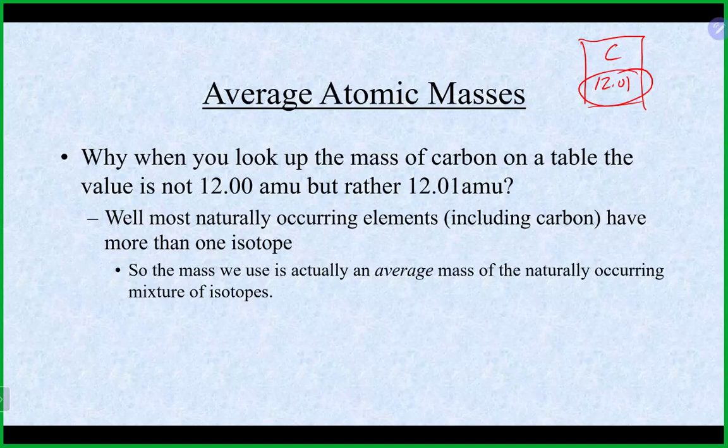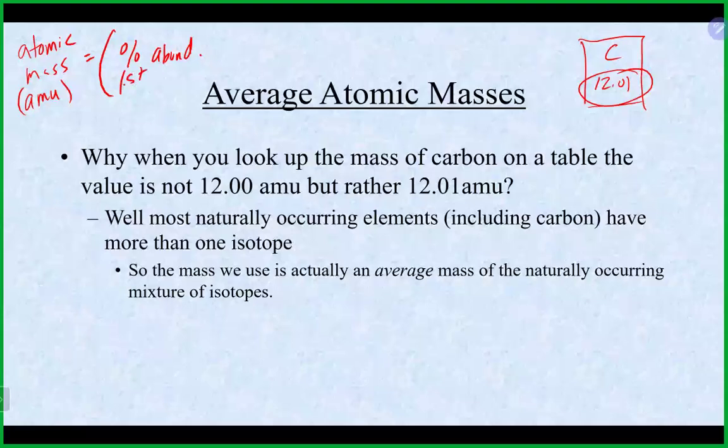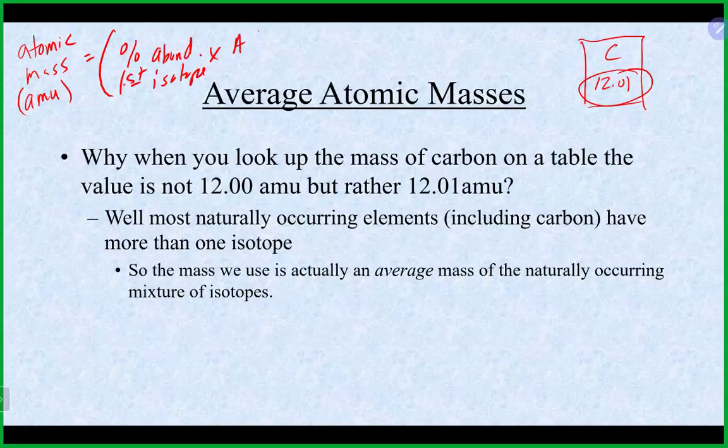So what they are seeing is those naturally occurring isotopes and the average mass of them. And how that calculation is done, if you want to calculate the atomic mass in AMU, is you basically take the percent abundance of the first isotope and you times it by the atomic mass of the first isotope.